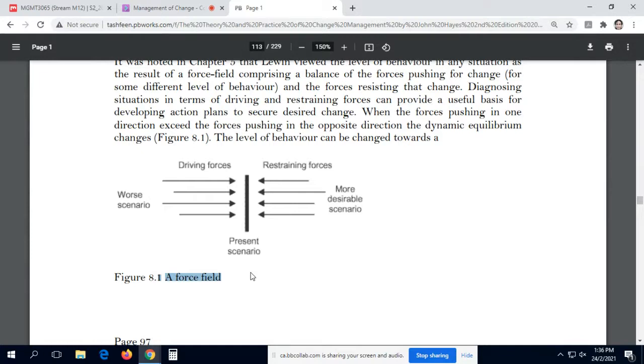Elections. PNP has been winning for many years, but then JLP won. So what were the driving forces and resistant forces while PNP was winning again and again for many years? So there were some driving forces, but they were not hard enough to change the present scenario.